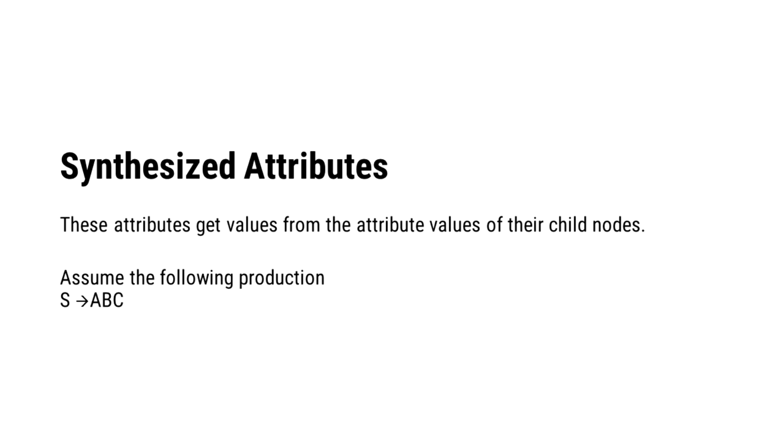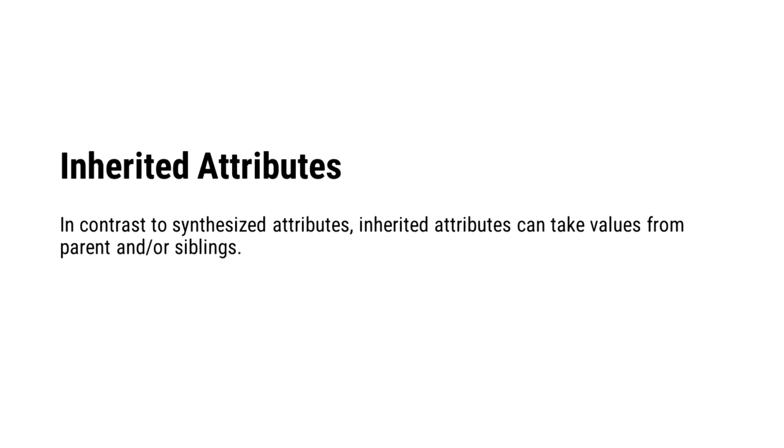If S is taking values from its child nodes A, B, C, that is, if the attributes of S take values only from its child nodes, then it is said to be a synthesized attribute. Inherited attributes, in contrast to synthesized attributes, can take values from the parent and/or siblings.